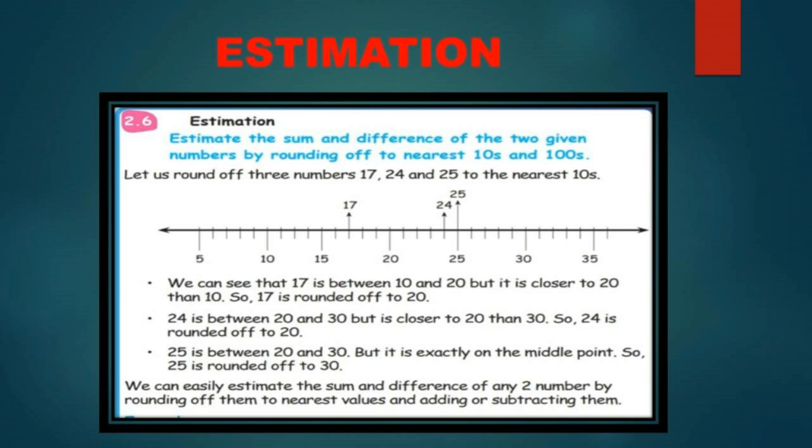Yes, but it is exactly in the middle. So 25 is rounded off to 30. So we can easily estimate the sum and difference of any two numbers by rounding them off to the nearest values and adding or subtracting them.